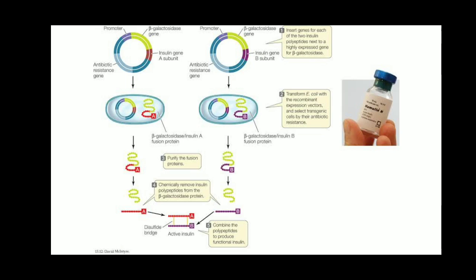If tablets or pills are produced and taken orally, what happens in the stomach? There is an acidic pH present, because of which it gets degraded.